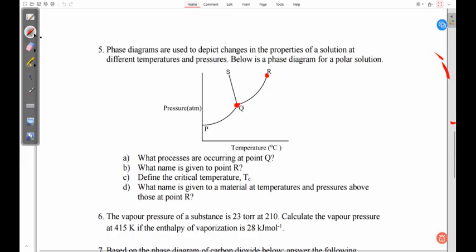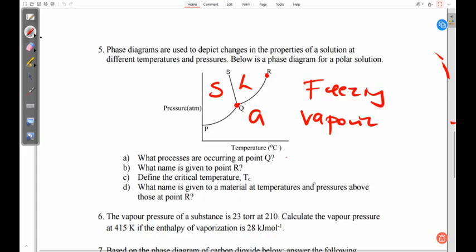Okay. So now, it's actually safe for us to say that all the six processes should be able to occur at that point. So you begin thinking of solid, liquid, and gas. So from solid to liquid, for example, that's freezing. From liquid to solid, vaporization, and then condensation, which is gas to liquid.